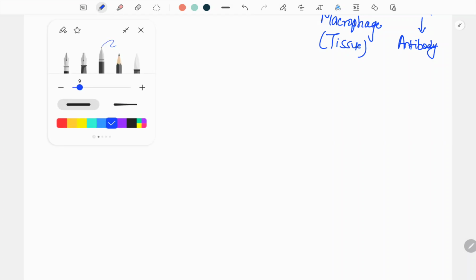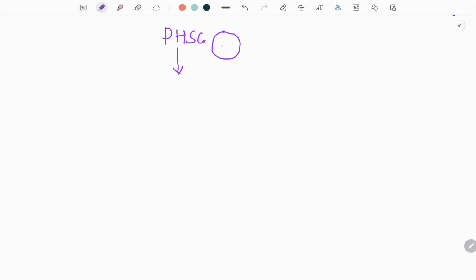As soon as the pluripotent hematopoietic stem cell starts dividing for erythropoiesis, it divides first into BFU erythrocyte.